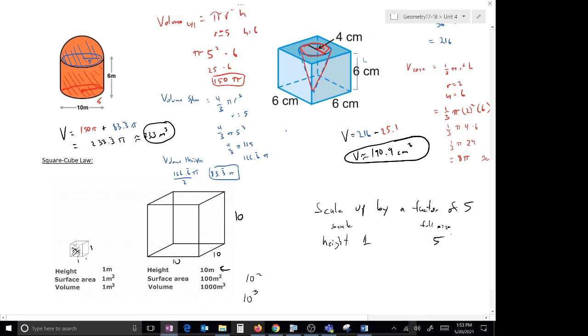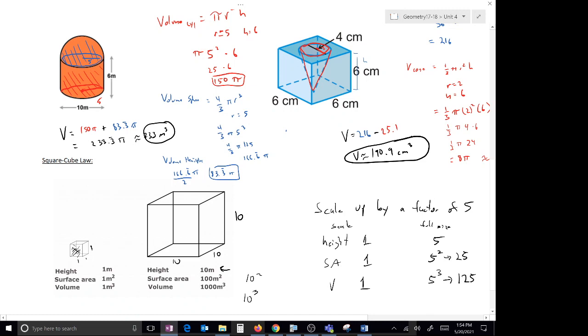It's 5 times as big now. What happens to our surface area? It starts at 1, but now it's going to grow 5 squared as big, or 25 times as big. Your volume starts at 1. Your volume is going to increase, not squared, but by a power of 3, or 5 times 5 times 5, which is 125 times as big.